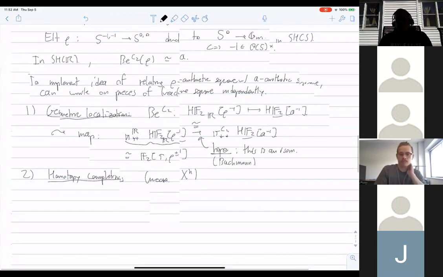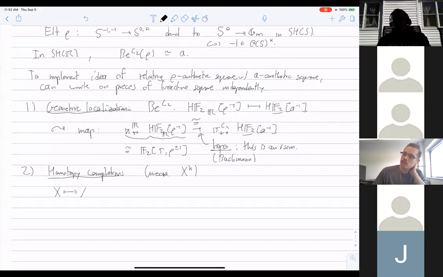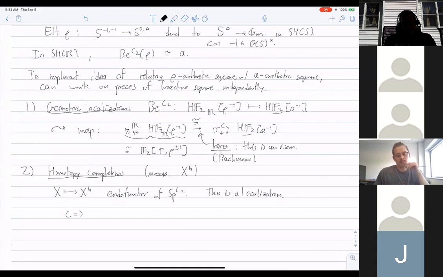So if you think about X going to X upper H as an endofunctor of C2 spectra, in fact, this is a localization. And it corresponds to the following adjunction.